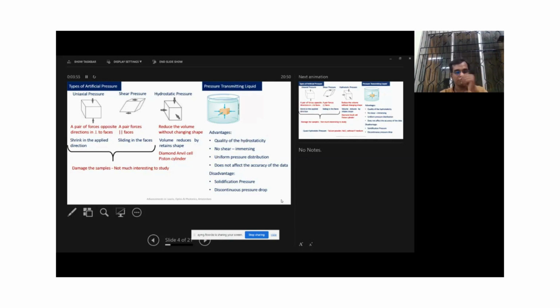The pressure transmitting medium will produce hydrostaticity in the material. The advantage is that a pressure transmitting medium in liquid form provides hydrostaticity properly, and no shear pressure may happen. There will be uniform pressure distribution over the whole sample, and it does not affect the accuracy of the data.